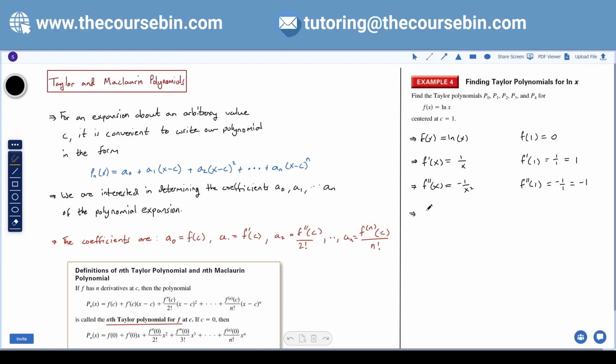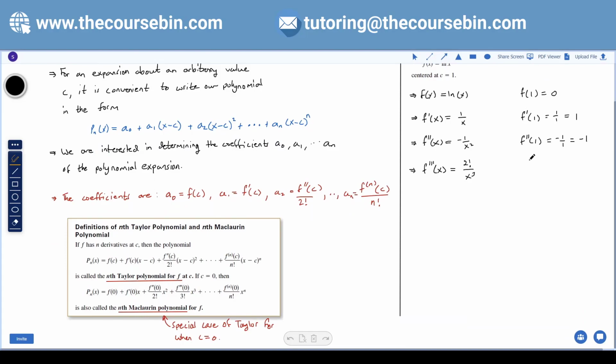Well, that just gives us, say f triple prime of x, 2 factorial over x cubed. So this is f triple prime at 1. That gives us just 2 factorial.